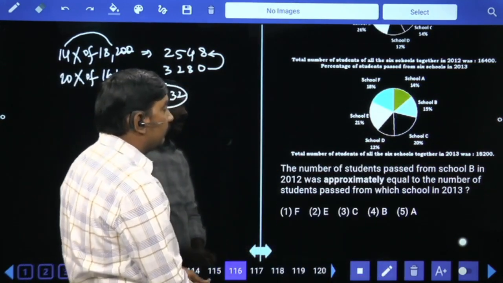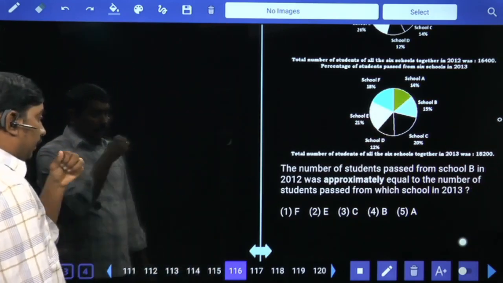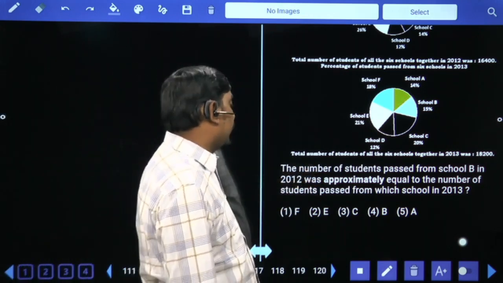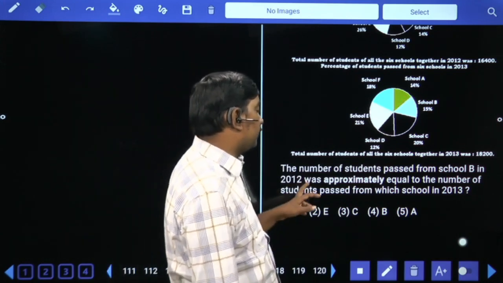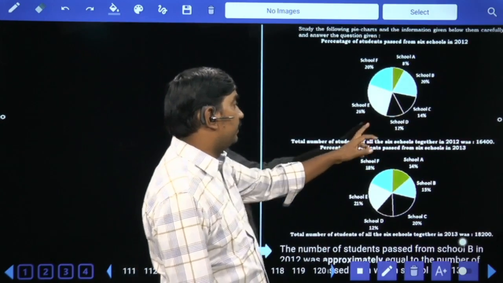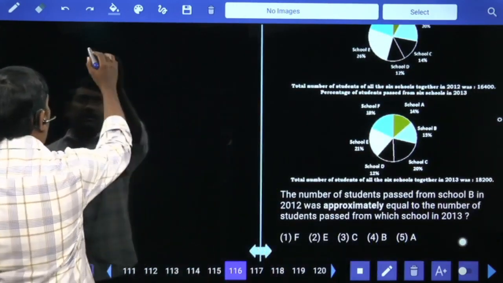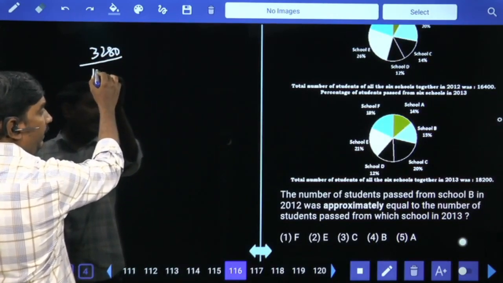Next. The number of students passed from school B in 2012 was approximately equal to the number of students passed from which school in 2013? School B in 2012 is 20%, which means 3,280. First of all, 3,280 is what percent of the 2013 total, 18,200?